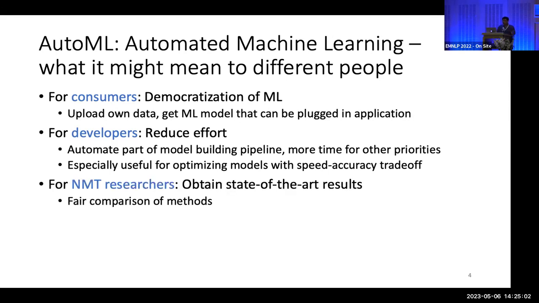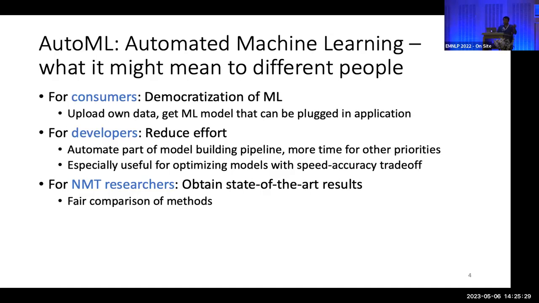Now in my case, NMT researchers, but generally for NLP researchers, this AutoML can help you obtain state-of-the-art results, right? So say I have a new idea, I want to try it on this data set. I also have a baseline I want to try on this data set. It's best if we run the same hyperparameter optimization procedure for both, then it's a fair comparison.